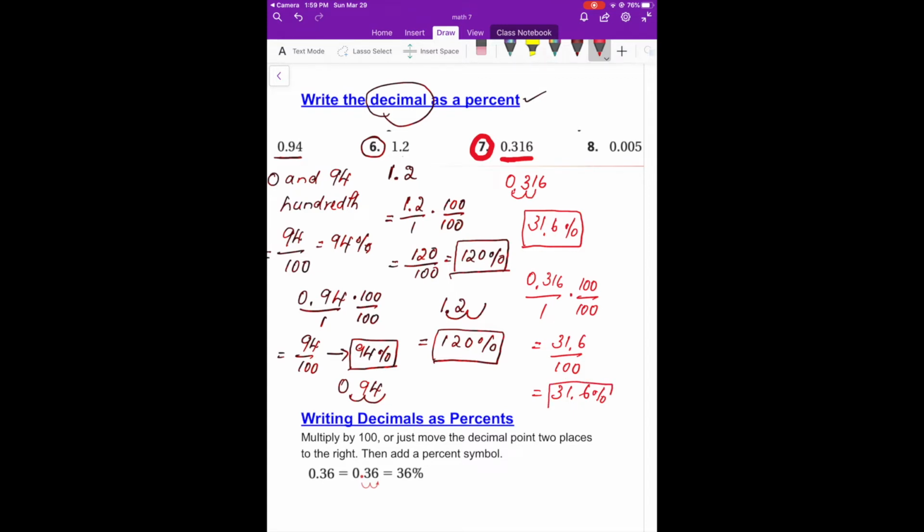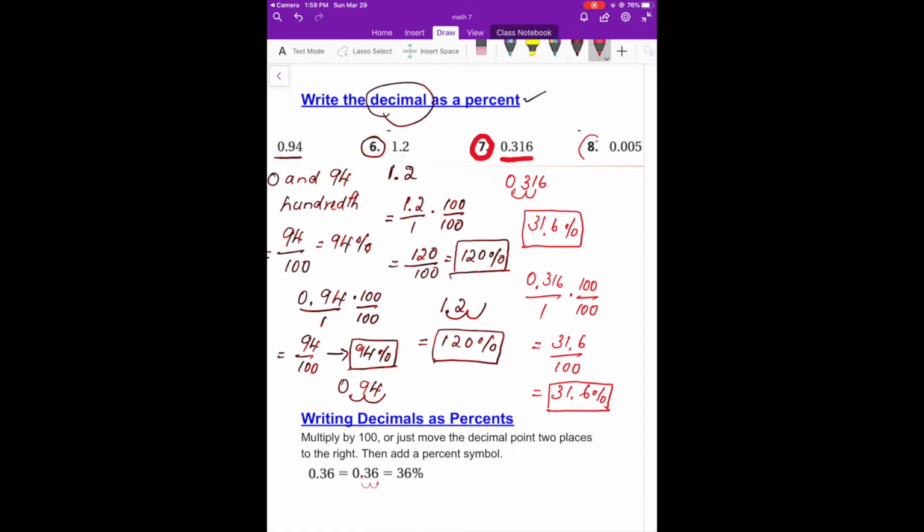So basically you move the decimal over twice to the right. But you need to know why we are doing it. You cannot just blindly say, without knowing the reason, we are moving the decimal to the right twice.